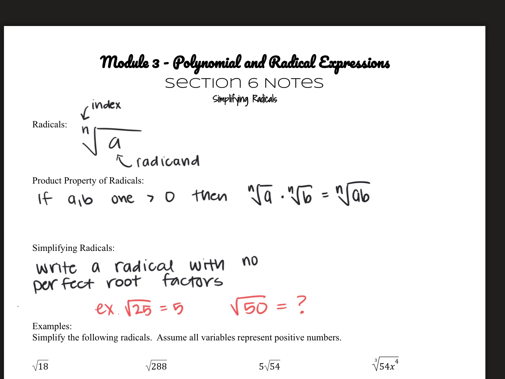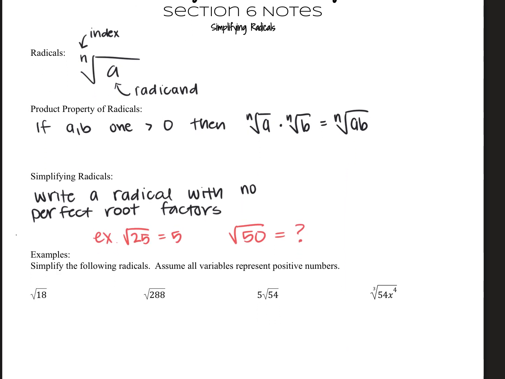So what we're going to be focusing on here in section 6 is simplifying irrational numbers. If you remember from section 5, irrational numbers are numbers that aren't perfect roots. That could be a cube root, a fourth root, a square root, a fifth root, any root where it doesn't simplify to a whole number.